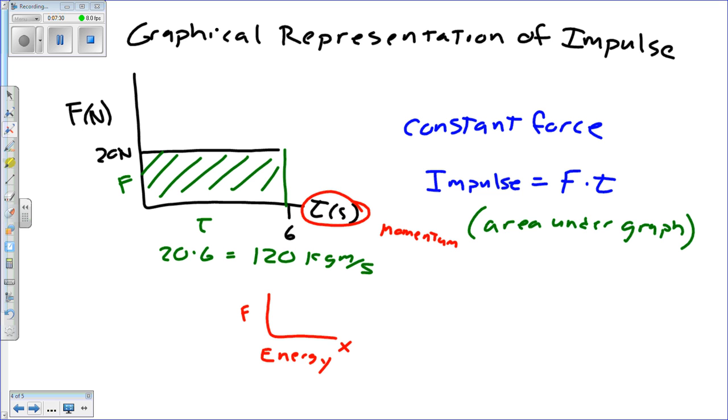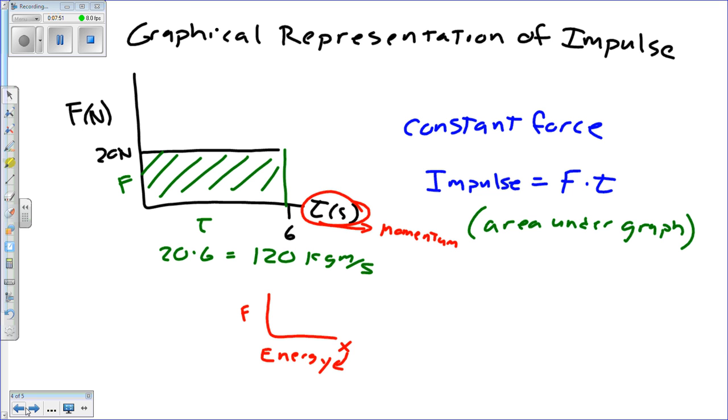That's something you really should keep in the back of your mind, because if I give you a force graph, you have to recognize whether that graph tells you about momentum or energy, and time and distance are the two things that you need to know. So if I give you a force versus time, it's momentum. Force and displacement, it is energy.